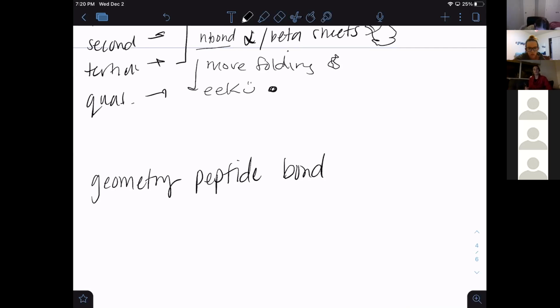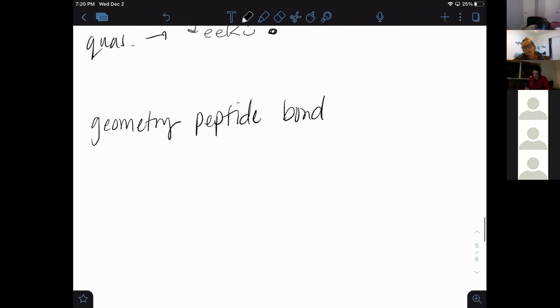So let's draw out our peptide bond again. H2N, and then this, and then what's here? Our R group. And then what's here? Our double bonded O. And then let's say that this is an N. And then what? Another carbon and an R group.